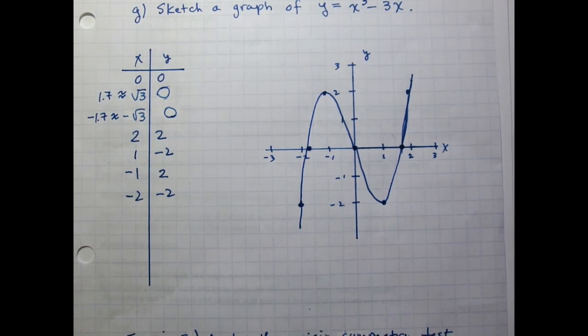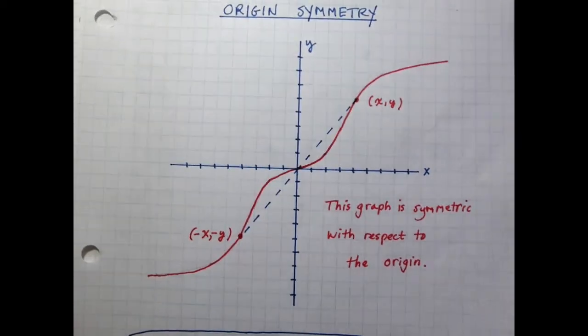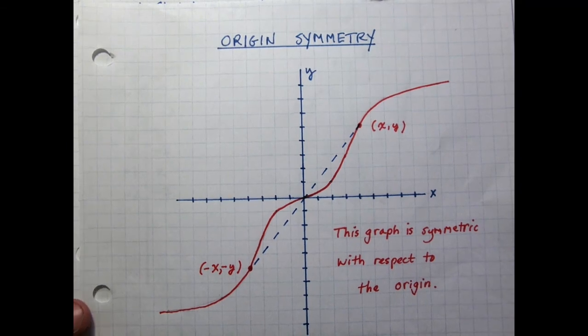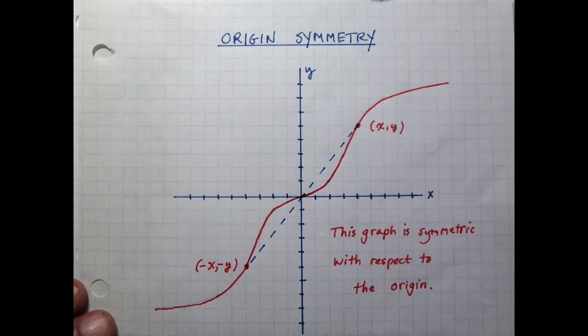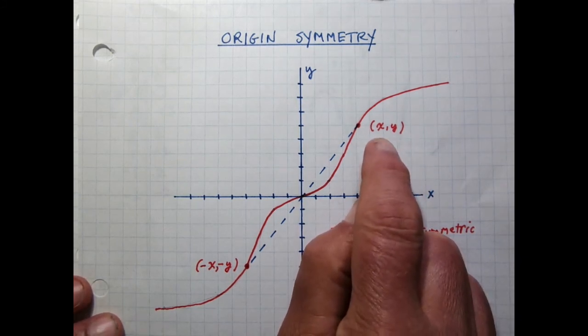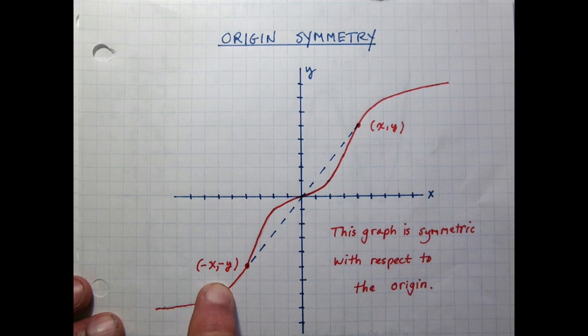And I have another picture of a different graph with origin symmetry. Really, the property that defines origin symmetry is kind of separate from that turning upside down idea. It's that if the point (x, y) is on the graph, then the point (-x, -y) is on the graph, the opposite for both coordinates.